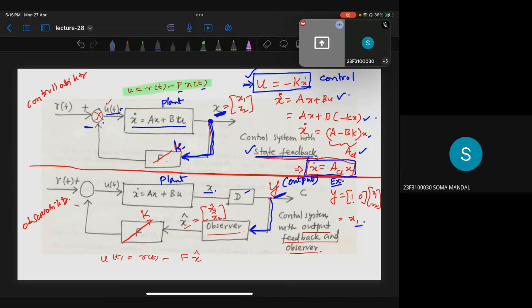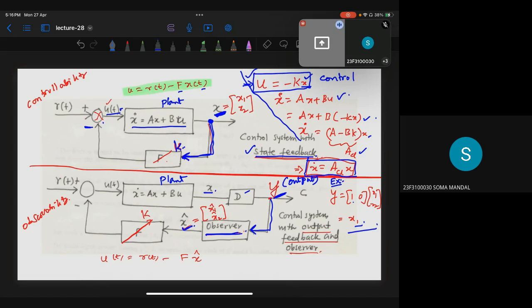So the question is, to do this analysis you require the state x. To find that state x, we will use this output and estimate this state x cap using something called an observer.